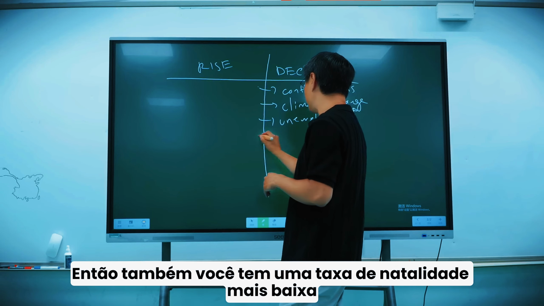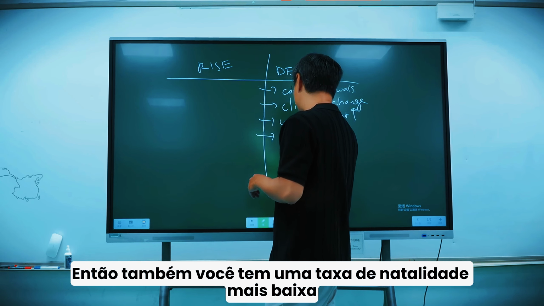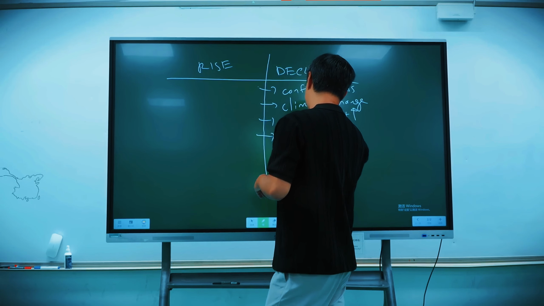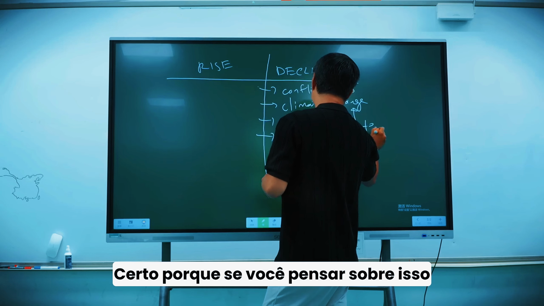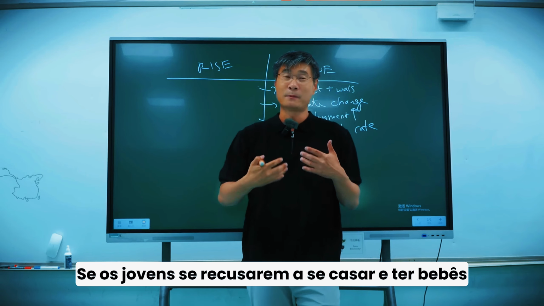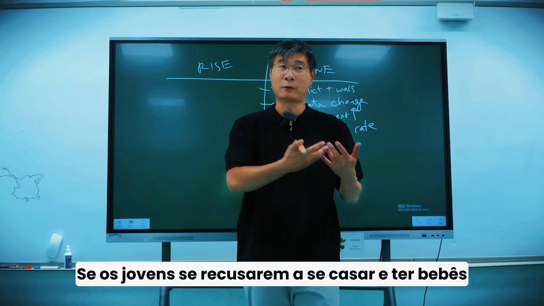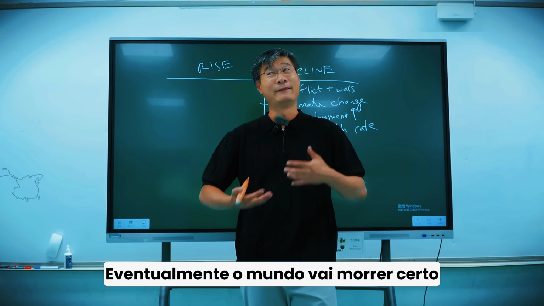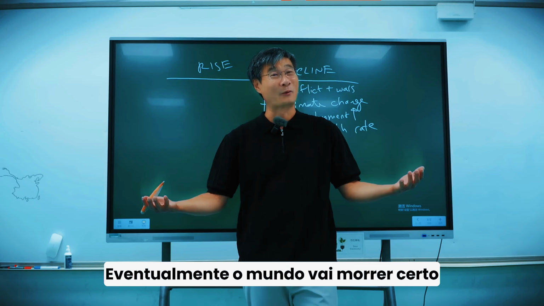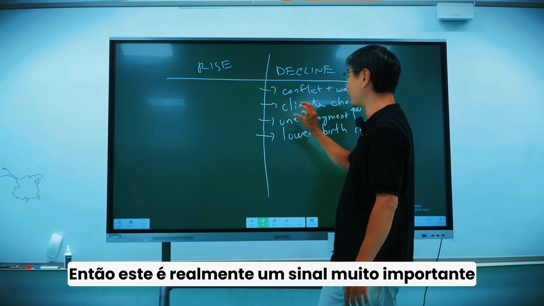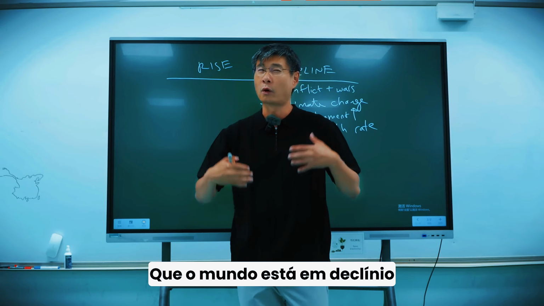So also you have lower birth rate. And this is a very important sign, because if you think about it, if young people refuse to get married and have babies, eventually the world is going to die off. So this is actually a very important sign that the world is in decline.